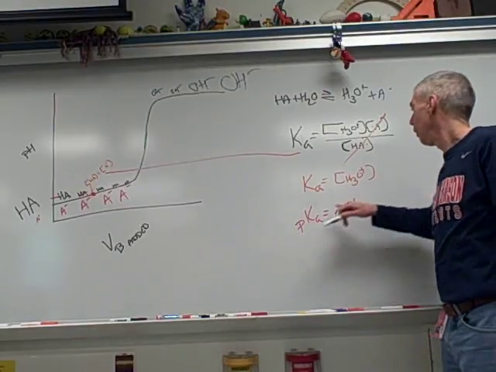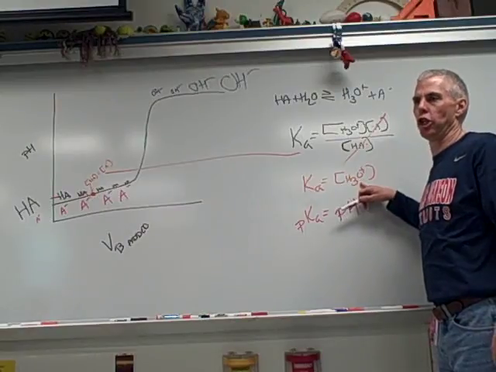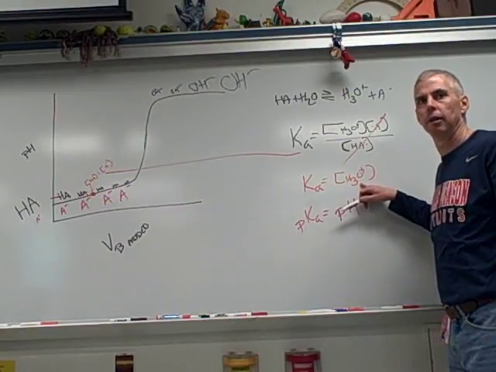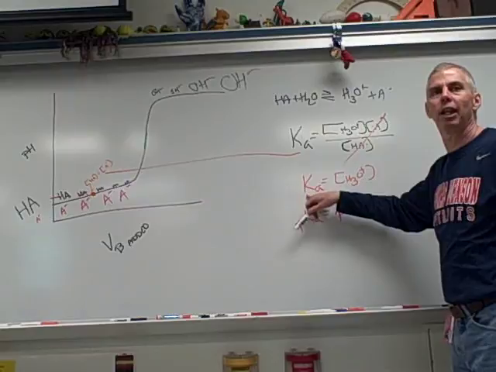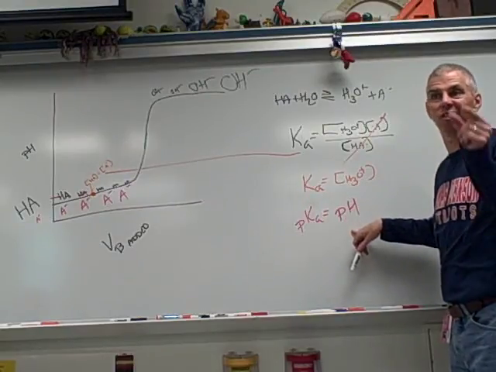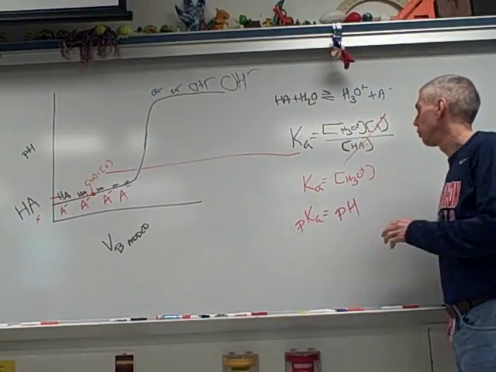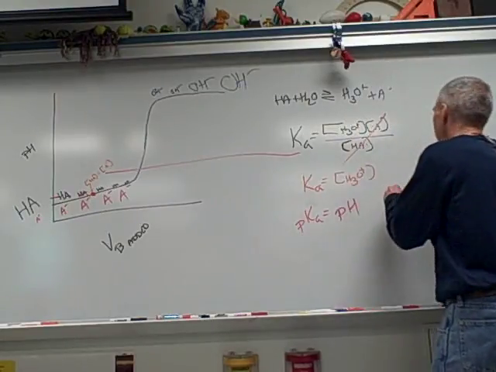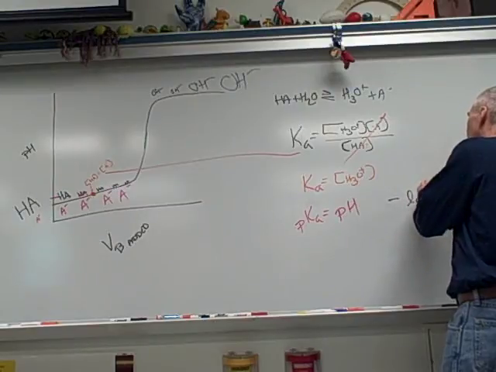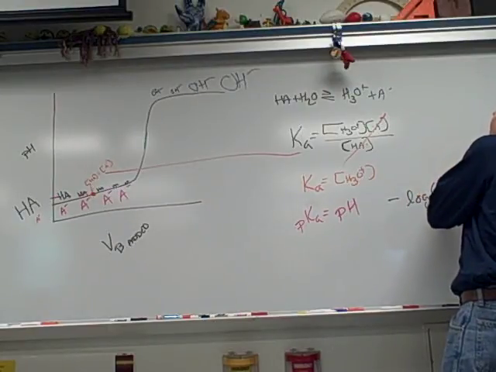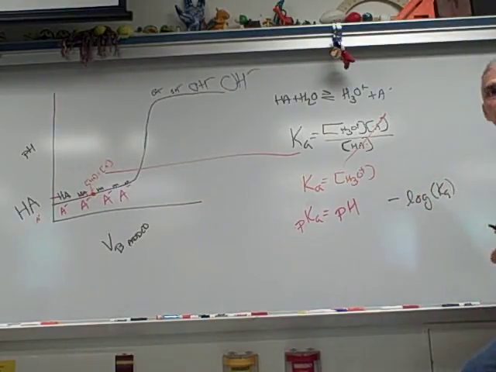Think about it. This could be 4.8 times 10 to the negative fourth, and whatever that turns into when you make the pH, that's just like a 2-digit number. True? So pKa is taking the negative of the log of whatever the Ka is. It's the same thing. Good so far. What is the pKa?